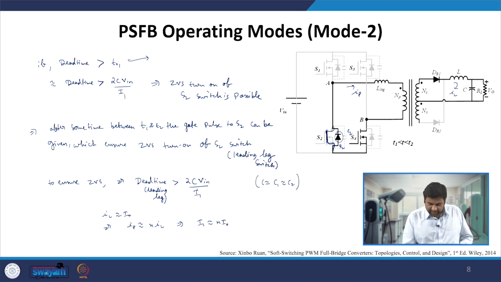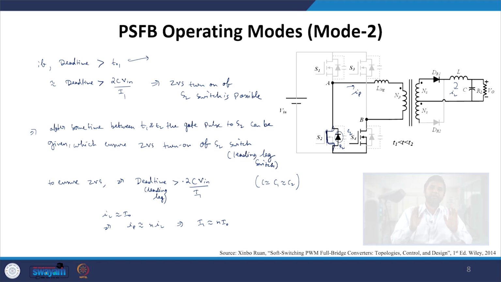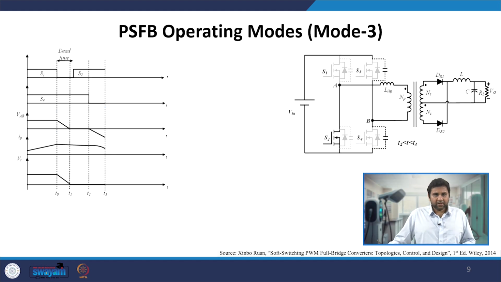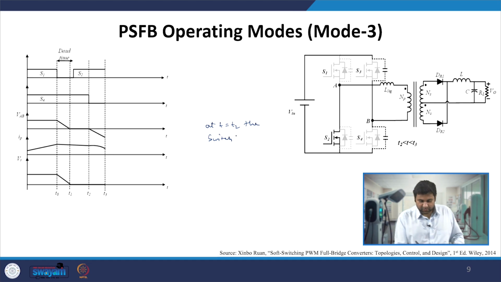From there we can calculate the dead time for the leading leg. Now since the S2 switch is turned on, it goes on up to the T2 point, and at T equal to T2, we are now dealing with the lagging leg switch S4.